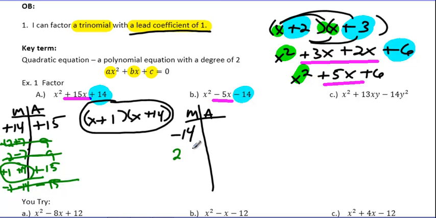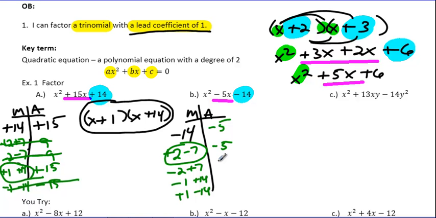Well, let's go back to our 2 and 7. The 2 is positive, the 7 is negative. Or you could do negative 2 and positive 7. Or negative 1 and positive 14, and positive 1 and negative 14. We need to add to get to negative 5. So which one of these is going to get me to negative 5? Well, it happens to be the first one in this case, so that works out.